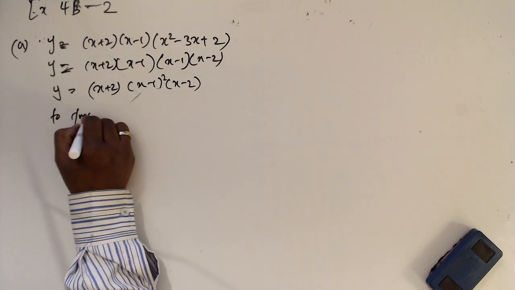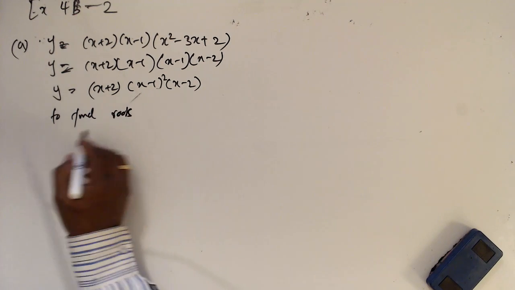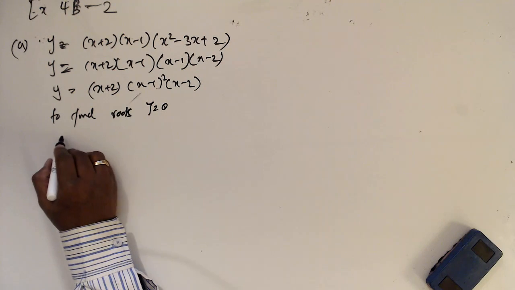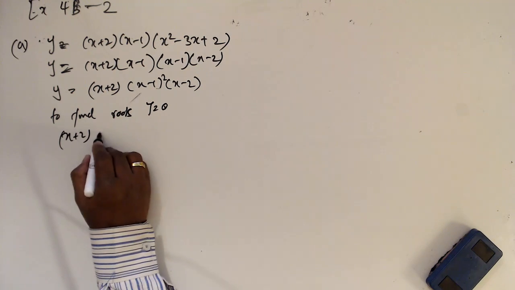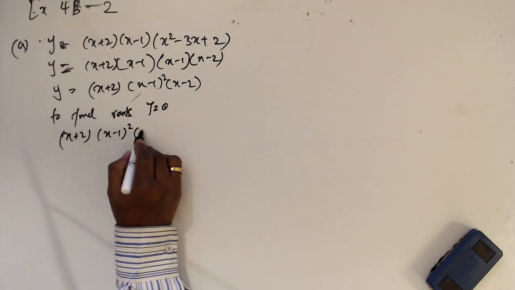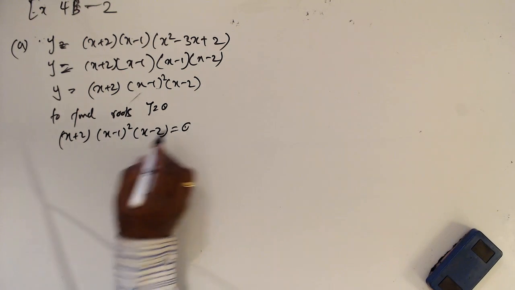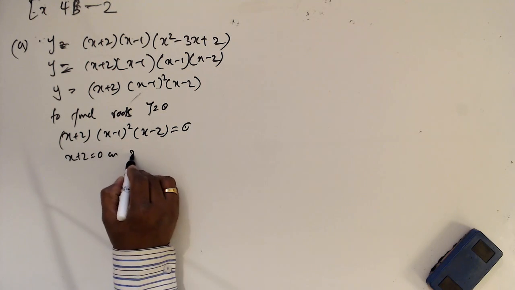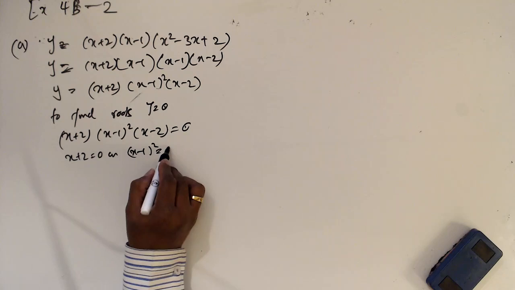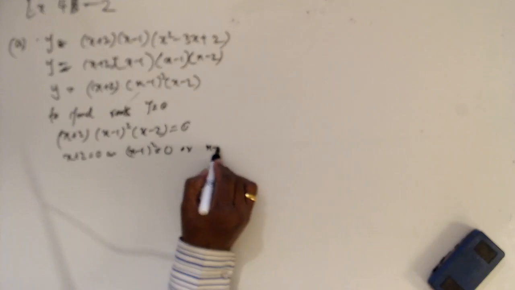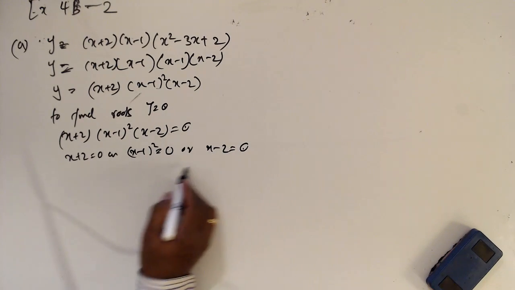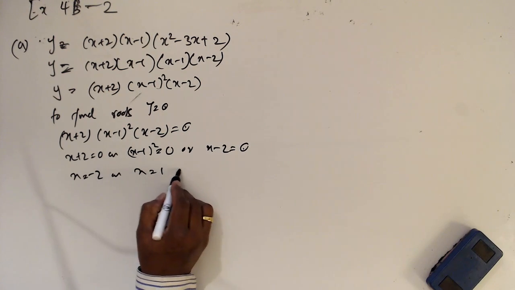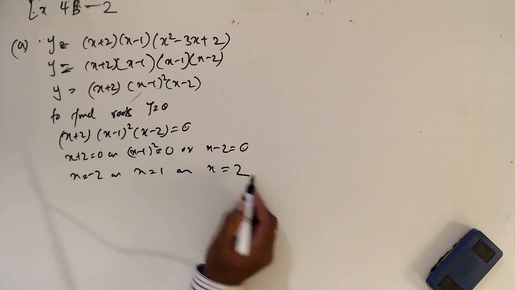To find roots, y equals 0, then (x plus 2)(x minus 1) squared (x minus 2) equals 0. x plus 2 equals 0, or (x minus 1) squared equals 0, or x minus 2 equals 0. Then x equals minus 2, or x equals 1, or x equals 2.